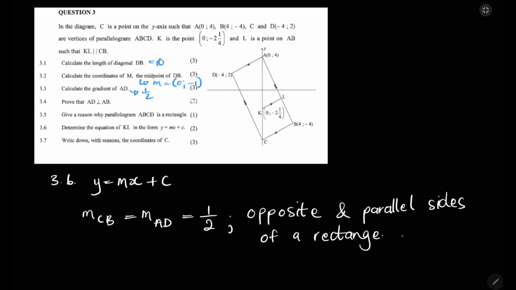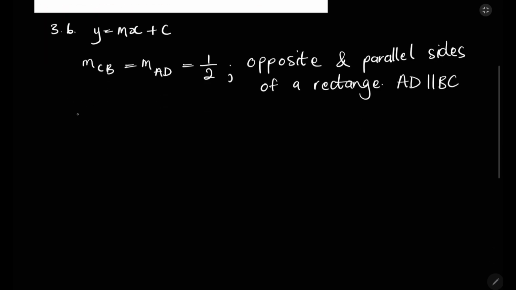So we can see AD is parallel to BC. So we can substitute our gradient. This will be y is equal to m, your gradient is 1 over 2, we have x plus c.